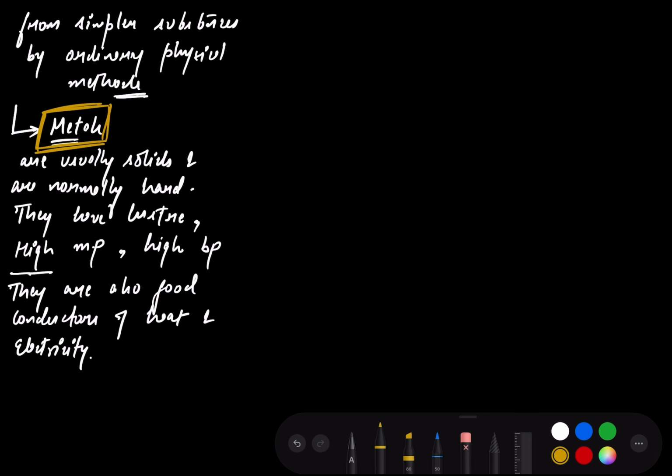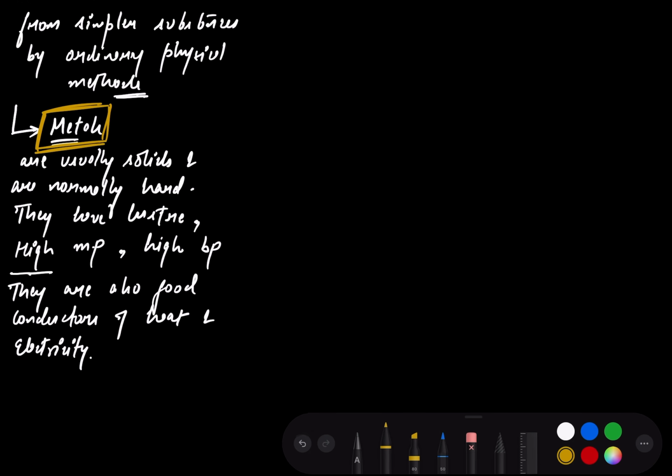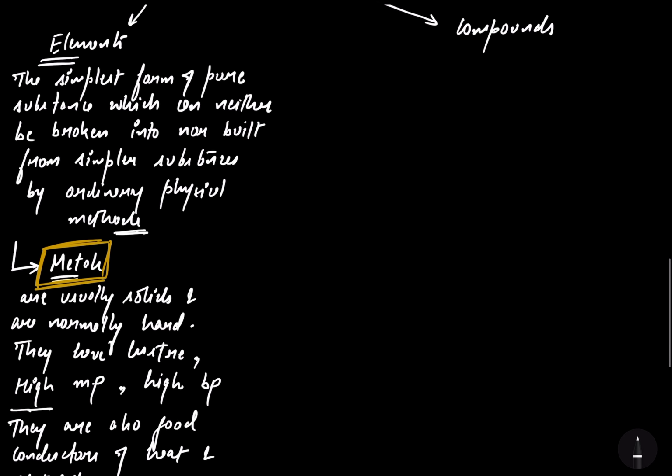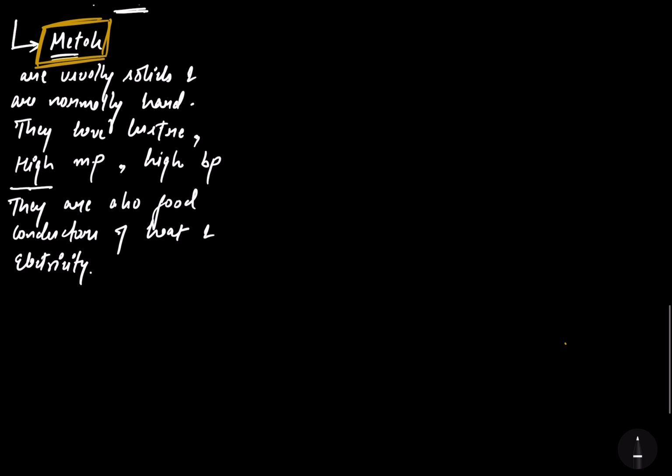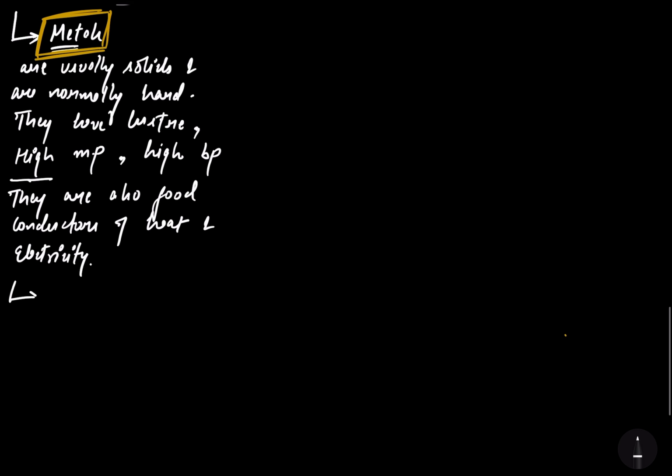Now, what's the other type of elements? The other type of elements are obviously the non-metals. The properties of non-metals are totally opposite to that of metals.